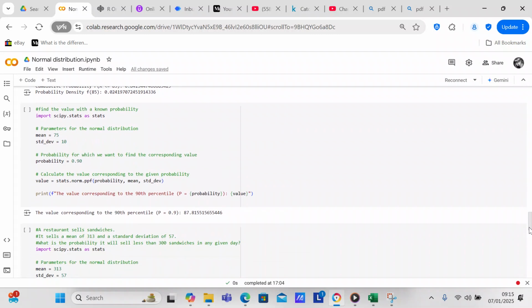So now we're going to find the value from a known probability, which we've already done. I'm not going to go over that because we even got the same value.